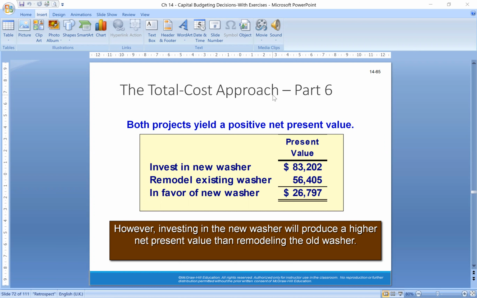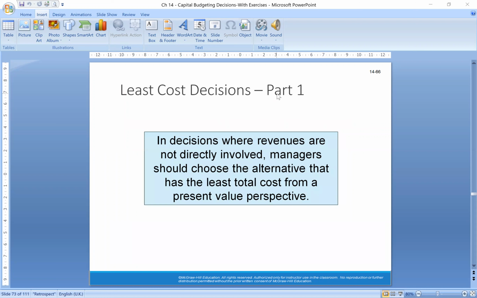We do have a difference in favor of the new washer, 26,000. If we install the new machine, we will have a net present value bigger than updating the old one. In other cases, we will have to calculate the net present value for the two projects, and we have to choose the higher.